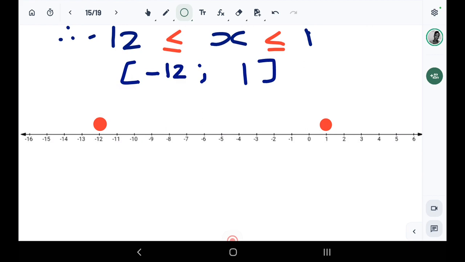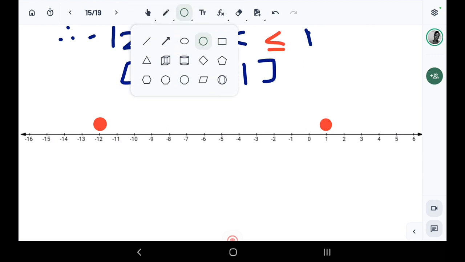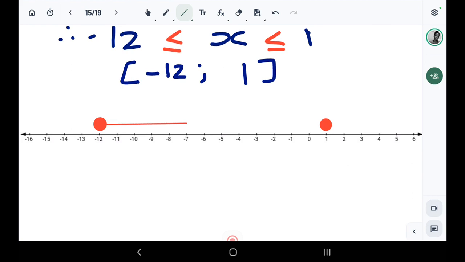And then you join the two. And that is how you represent them on a number line and in interval notation.